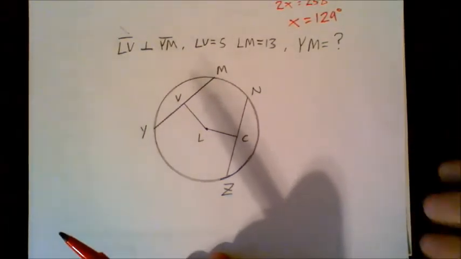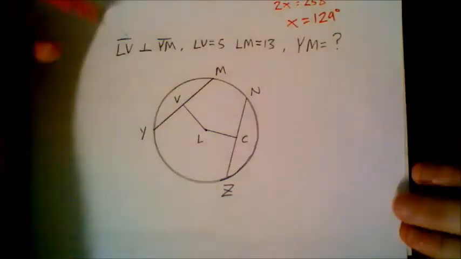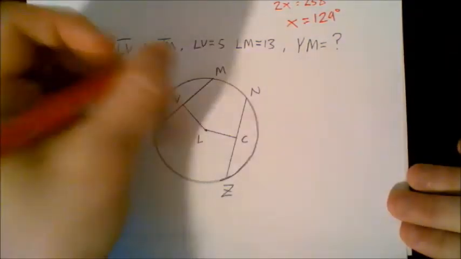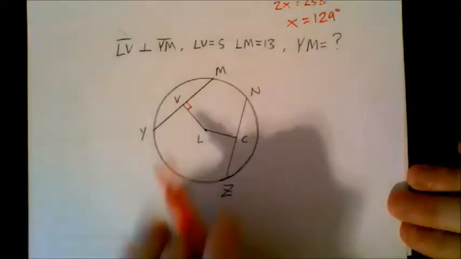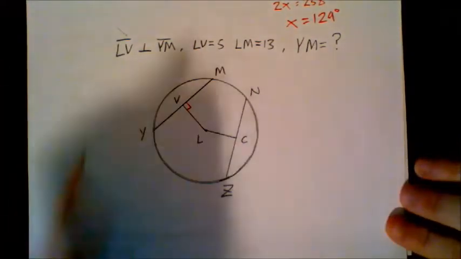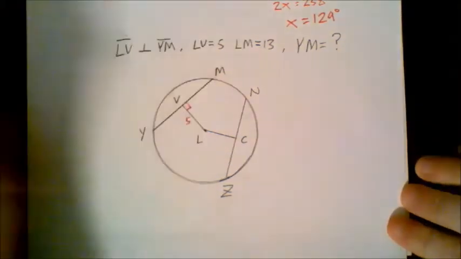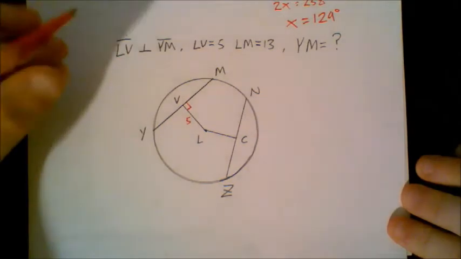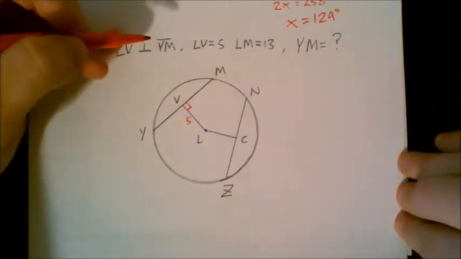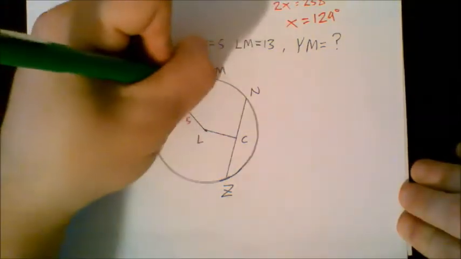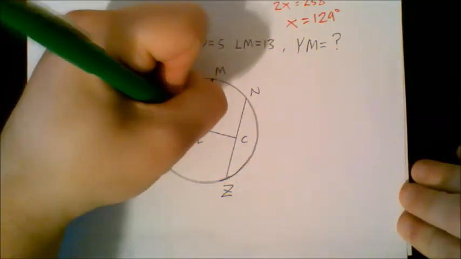Now, I think this was the third example in the notes. Segment LV is perpendicular to YM, LV is 5, and LM is 13. So what they do here is they give us this distance.